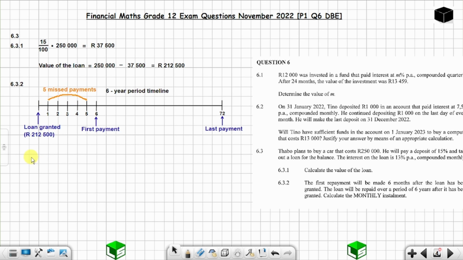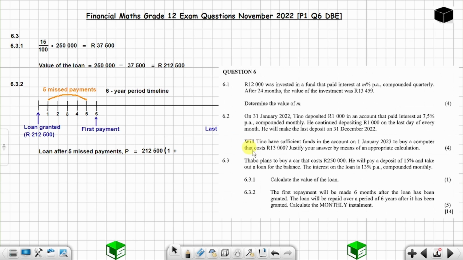So the value of the loan after 5 missed payments, which is P. Remember the present value formula. You have P equal to our initial amount, and you are going to use the compound interest formula.